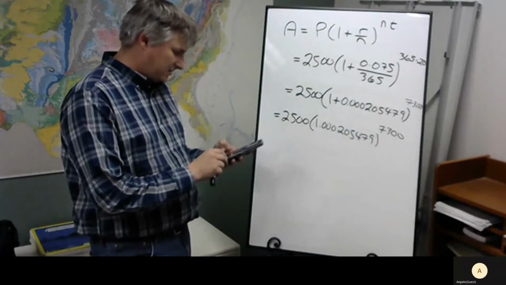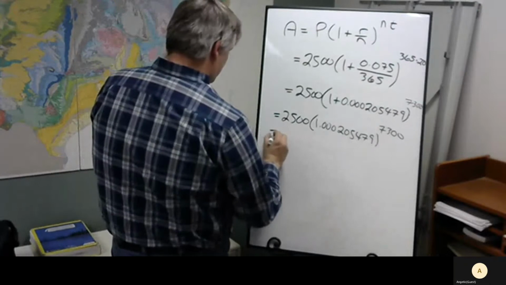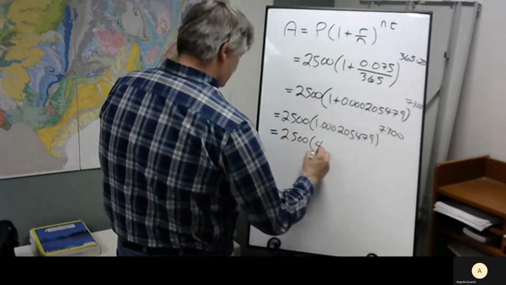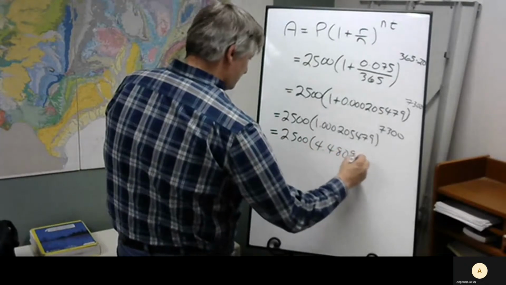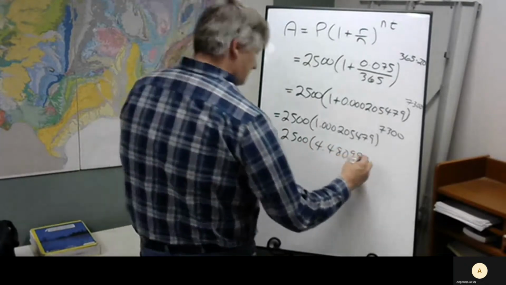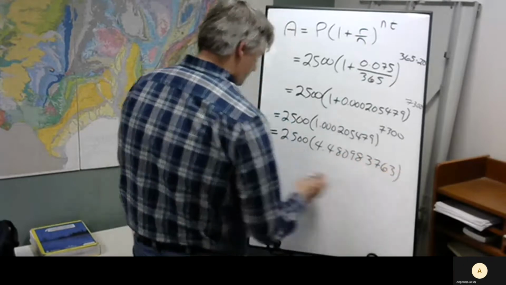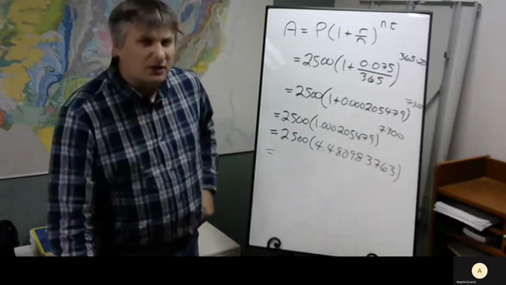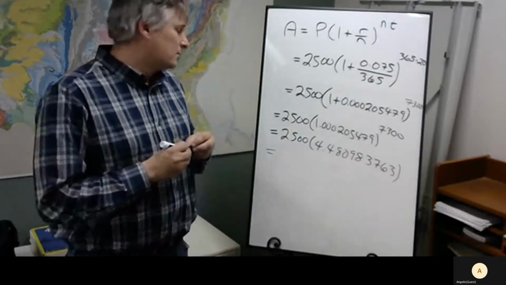Raise to the 7300. We'll get 2500. And what I'm also holding off on, I'm not rounding anything. I'm using as many digits as possible.